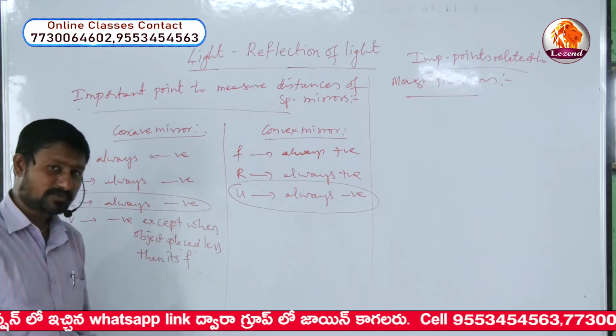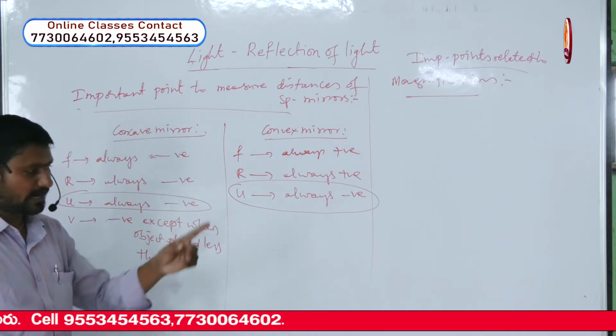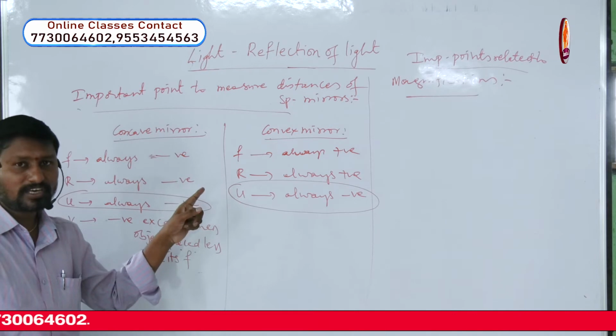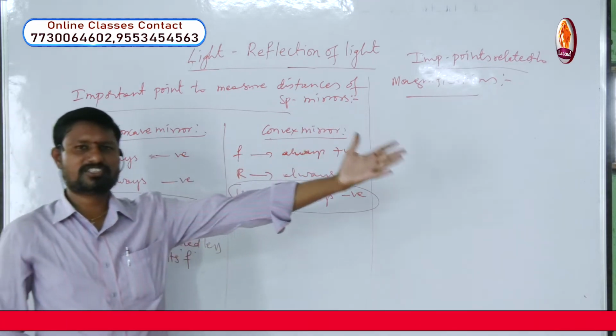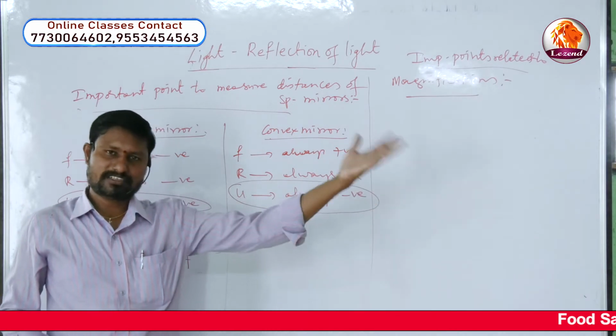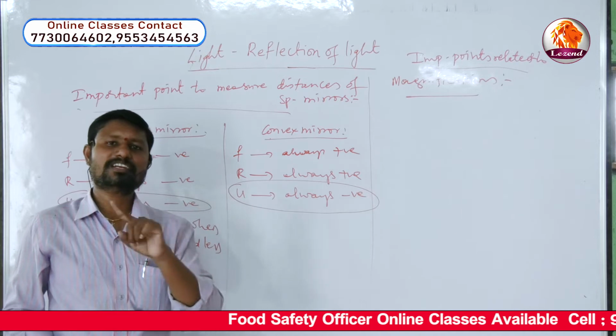Whenever you substitute the object distance u in the mirror formula or magnification formula, if the object is placed at some distance like 5 or 10 centimeters, that value is accompanied by the negative sign.